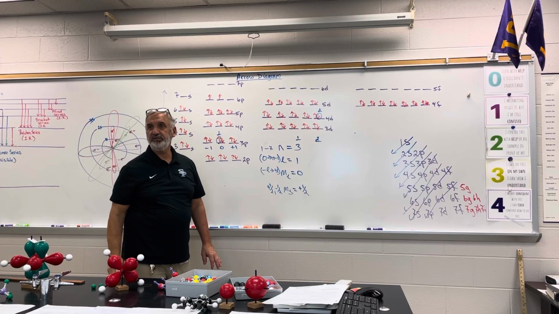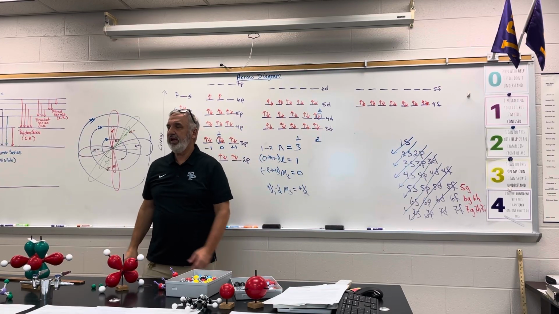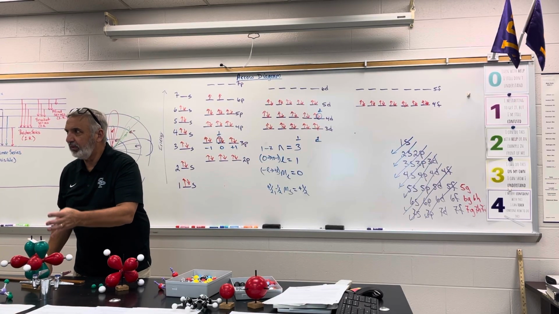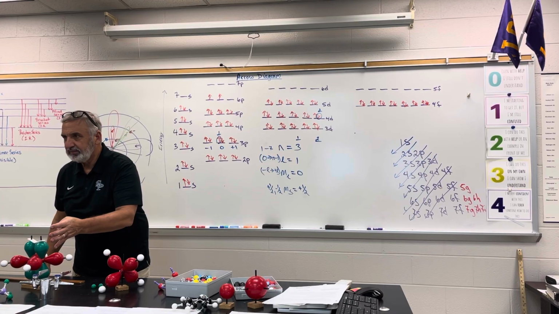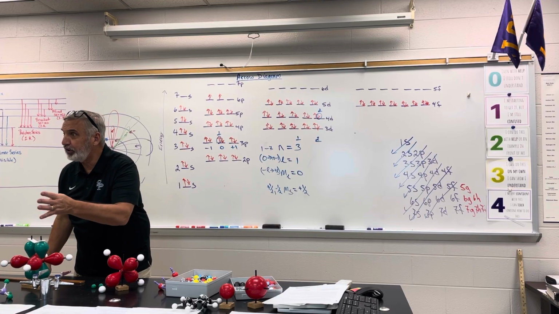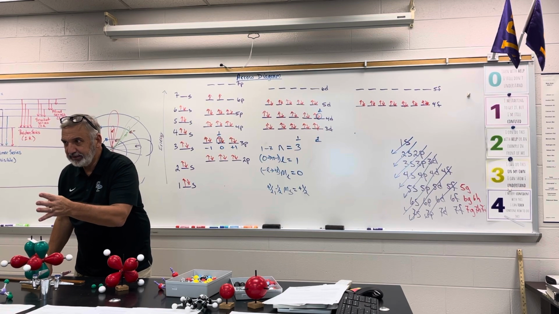So what's N equal to? 4. And if it's on the 4th energy level, it's a 4D. What number is in front of D? 4. So what energy level is it on? 4.